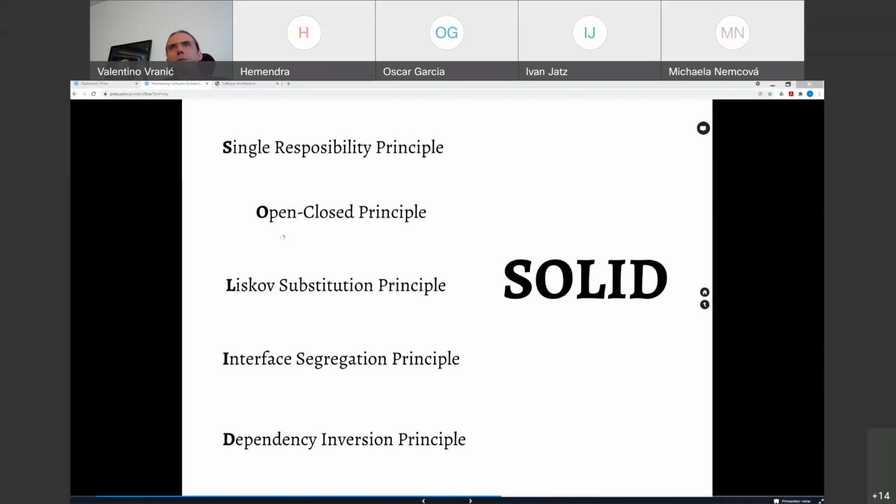An open-closed principle you might recognize, also the Liskov substitution principle. All these principles, and there are a few more, are known as the SOLID principles. An easily memorizable acronym called SOLID. So your system will be solid if you follow these principles.